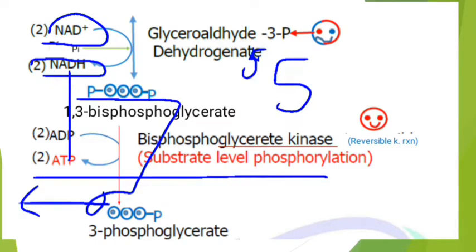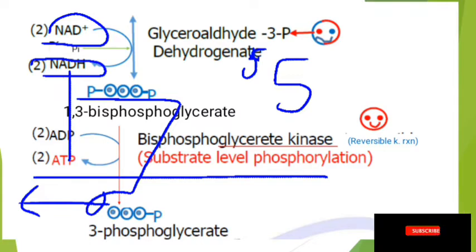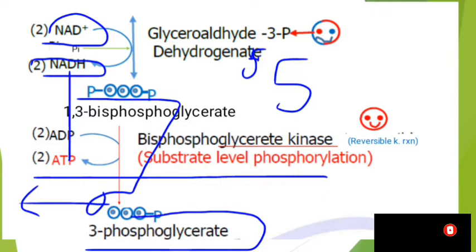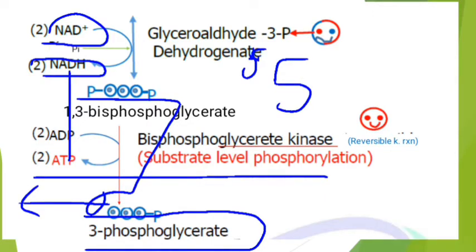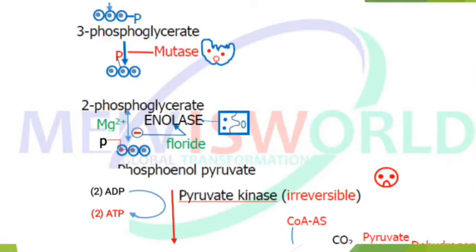So, substrate level phosphorylation. Once that is done, the name changes depending on the carbon number that the phosphate group is attached to: 3-phosphoglycerate. Once 3-phosphoglycerate is formed, a mutase enzyme comes in.